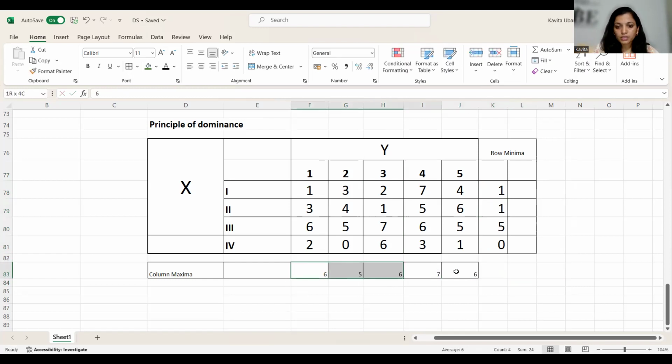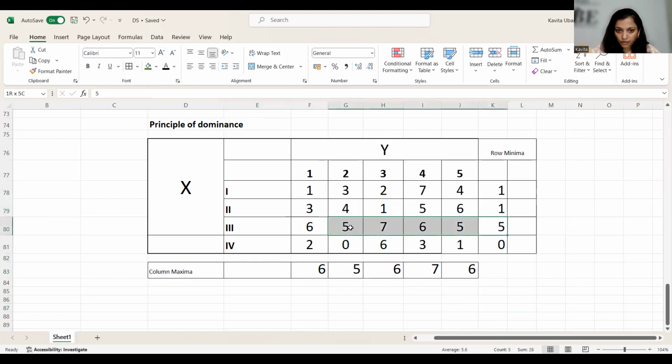Now we need to identify whether there are the same numbers in the row minima and column maxima. So now we can get 5. Row 3 has the row minimum value of 5 and column 2 has the column maximum of 5.